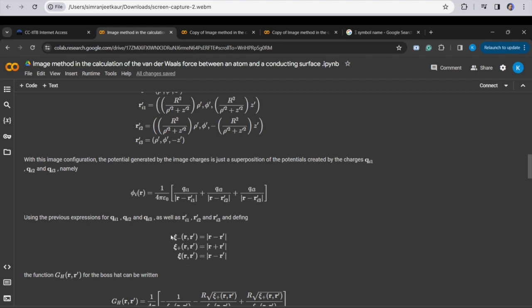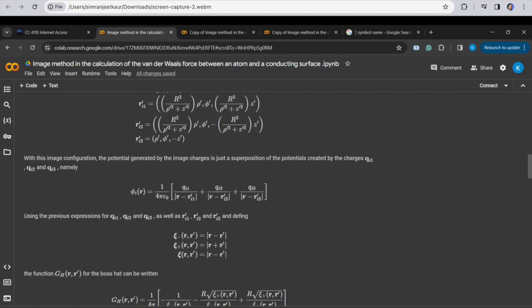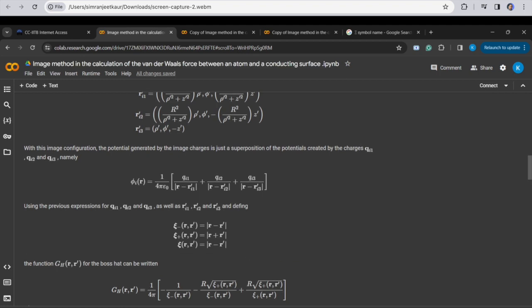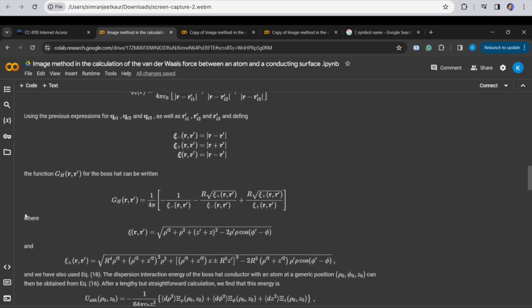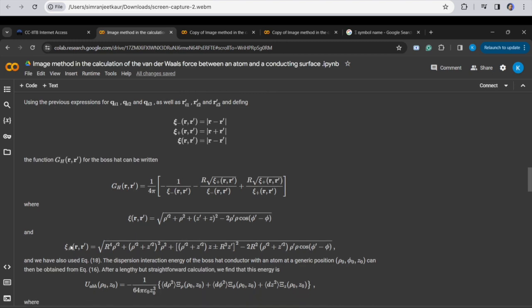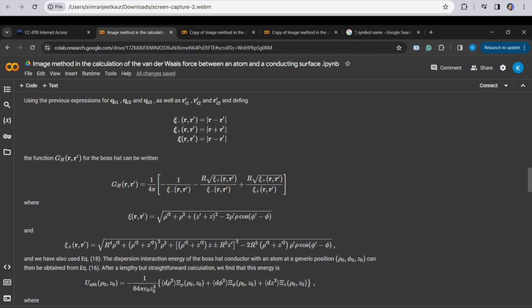Then we have this psi, using the previous expressions of QI1, QI2, QI3, as well as R dash I1, R dash I2, R dash I3, we define QI as psi minus, psi plus, and psi. So the function G_BH of R dash for the Bose head can be written like this, where xi of R and R dash is written like this, and xi plus minus becomes like this.